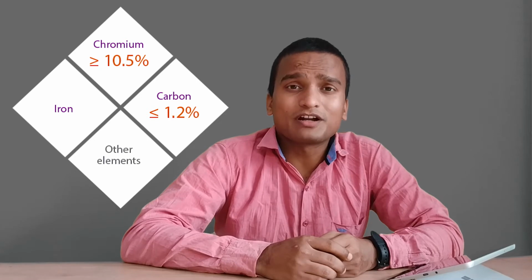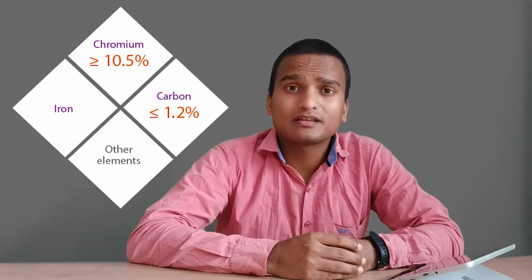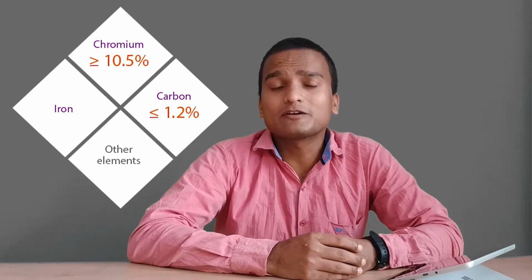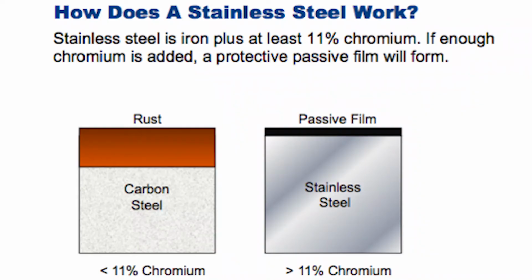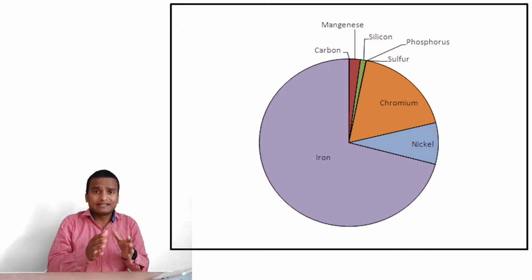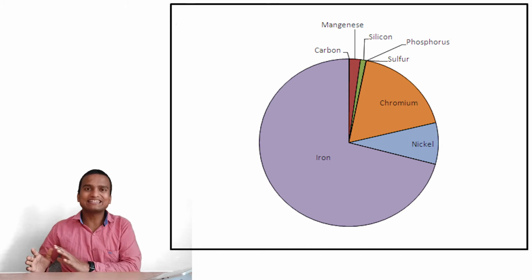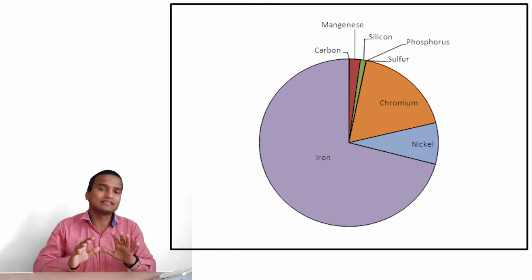When the chromium content is increased to 11%, the resulting alloy becomes stainless steel, because at this minimum level of chromium, a thin protective passive layer is formed spontaneously on the steel, which protects it from corrosion. Nickel is also sometimes added in addition to the chromium in iron. It also protects the steel.